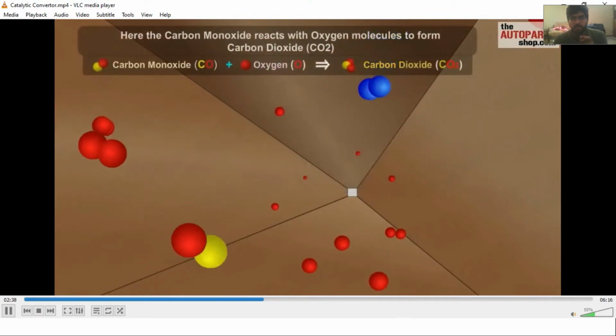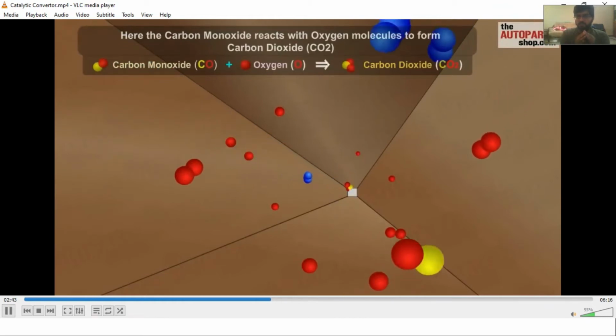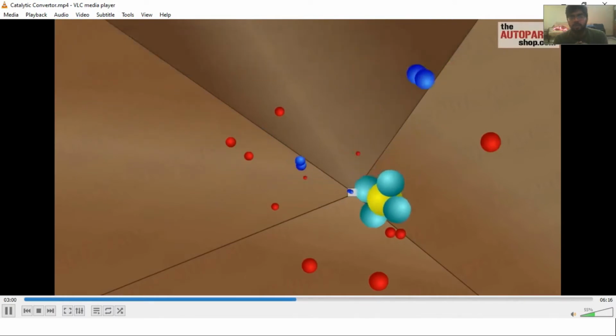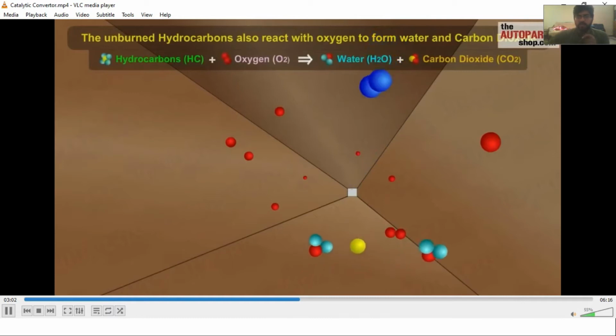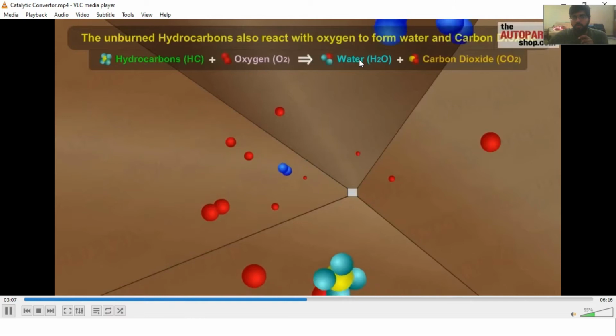So here you can see, the carbon monoxide and oxygen will react with each other to form carbon dioxide, which is not as harmful as carbon monoxide. And not only that, but these unburned hydrocarbons will also react with the oxygen to form water vapors and carbon dioxide as well.